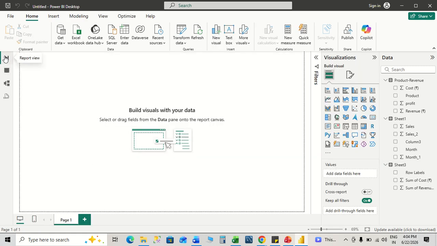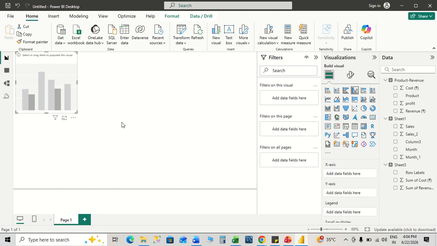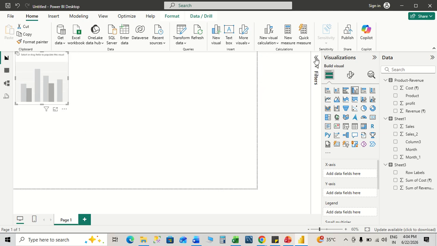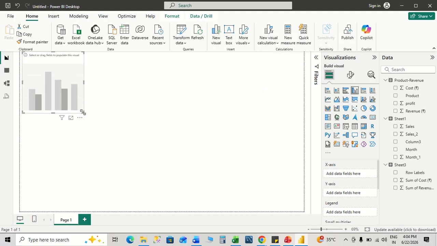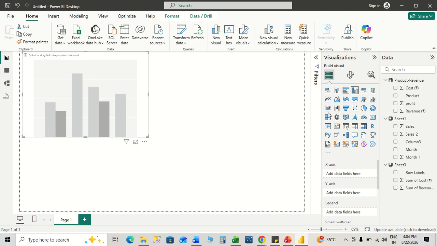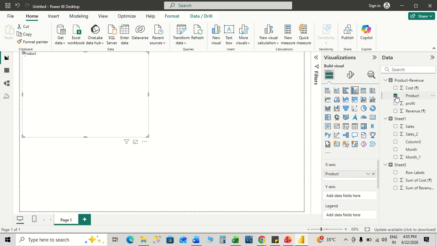Go to dashboards. Yes. I want to first put this cluster column chart, and just simply increase the size. I want to choose product and the profit.